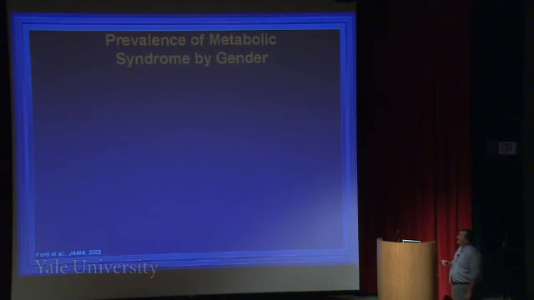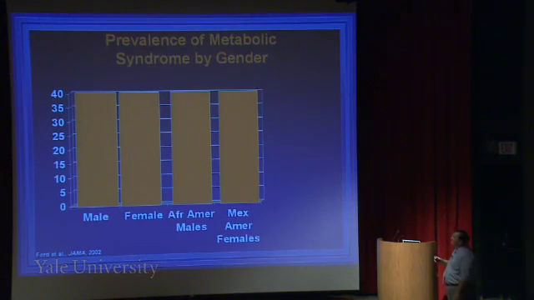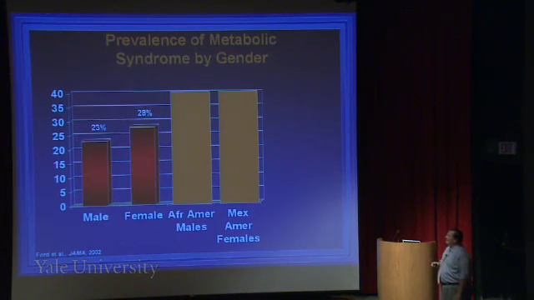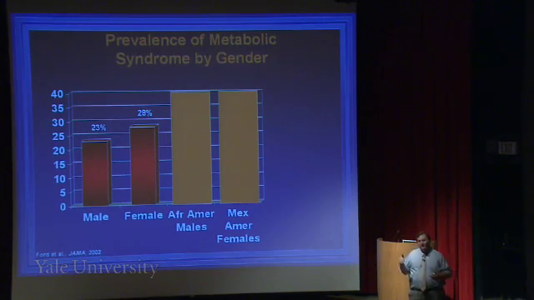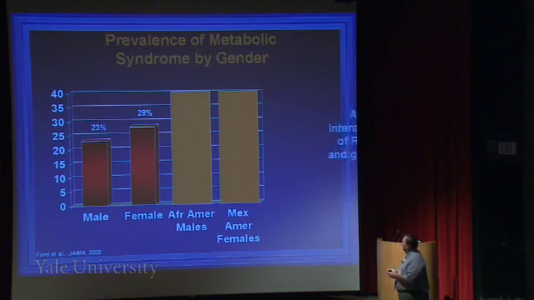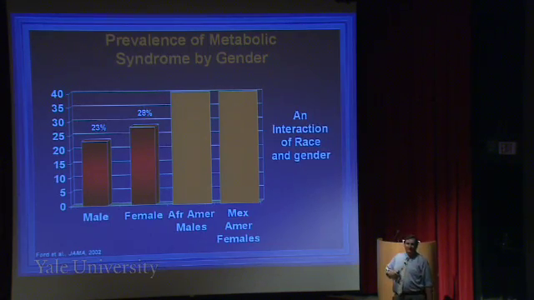There are also interesting breakdowns by gender. If we look at the males and the females on the left here, you see that the females have a higher risk of consequences if they have metabolic syndrome than the males do. If you think back to the previous graph about race, you can see how there will be an interaction of race and gender.